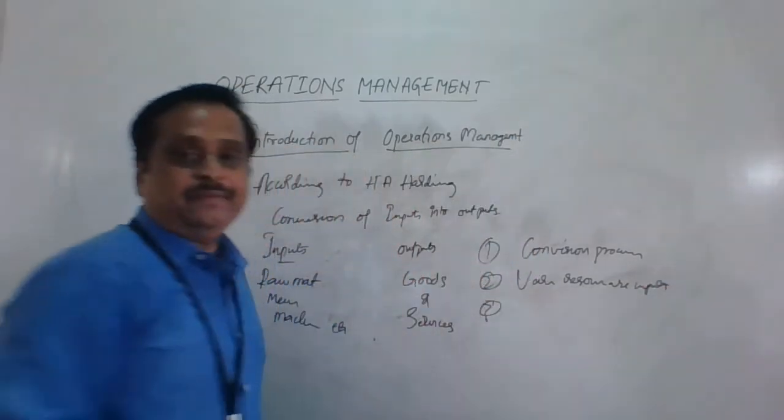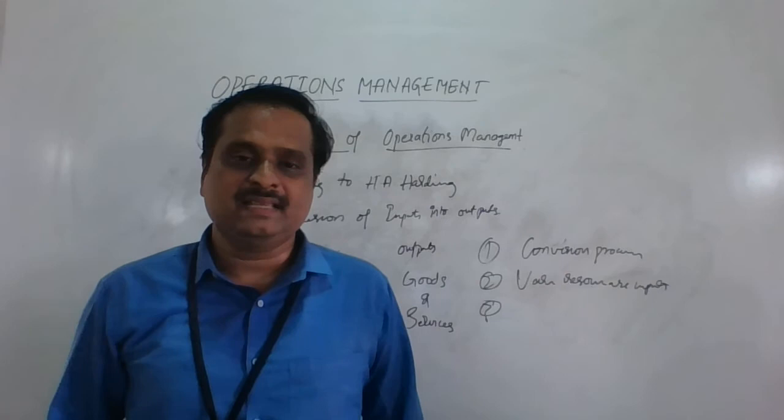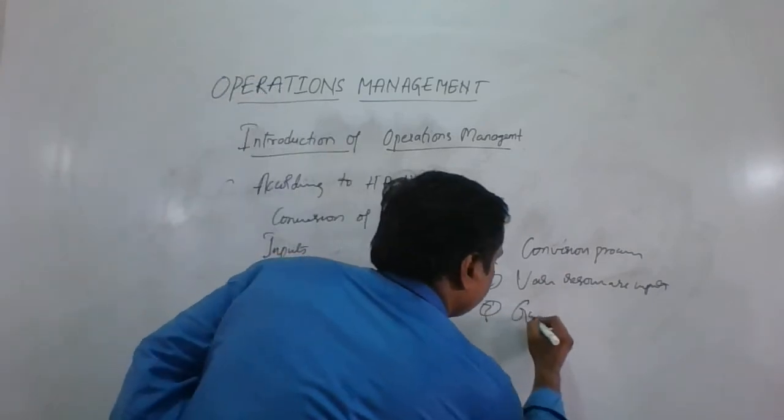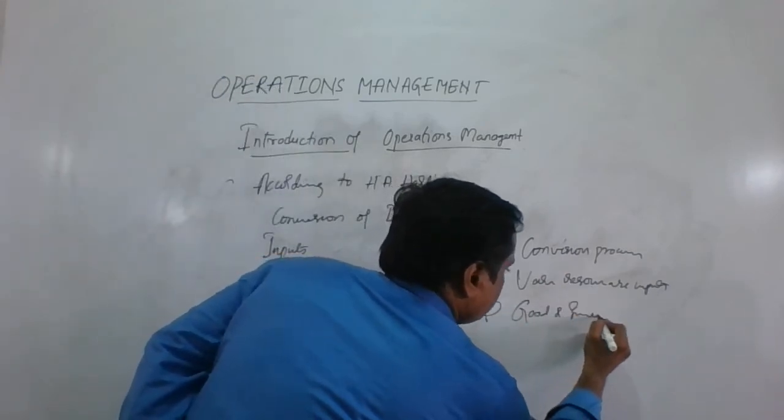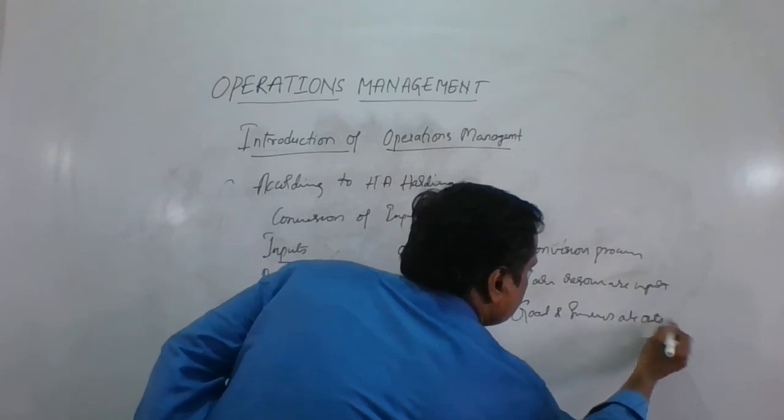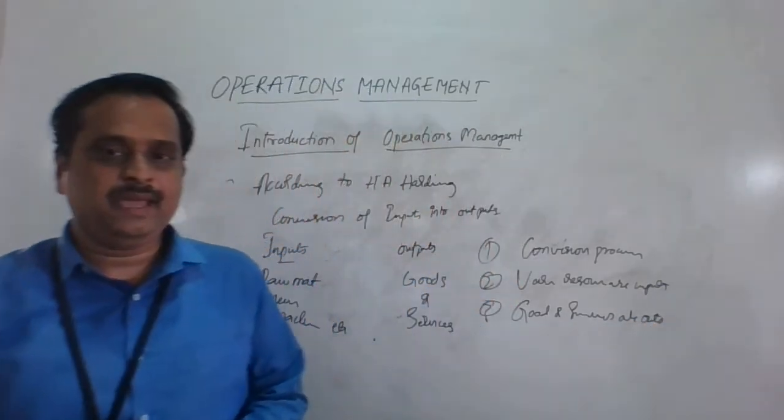And the third one is that goods and services are outputs. So these are the three aspects given by H.A. Harding.